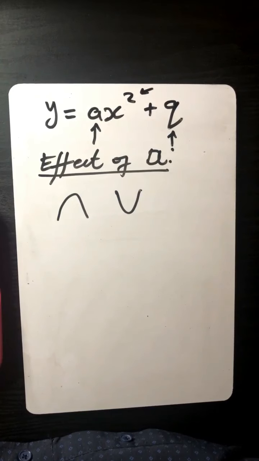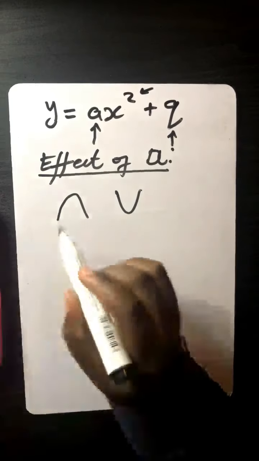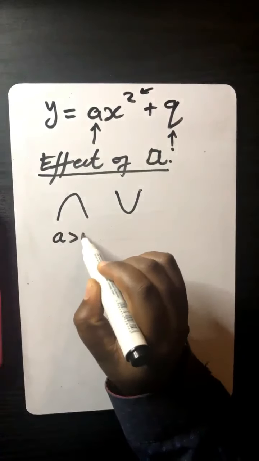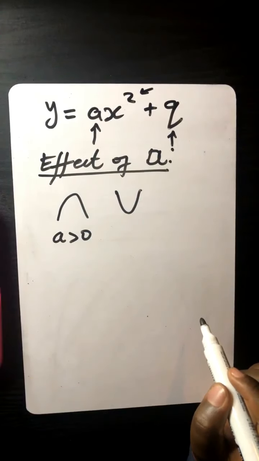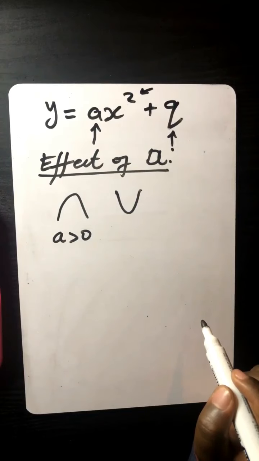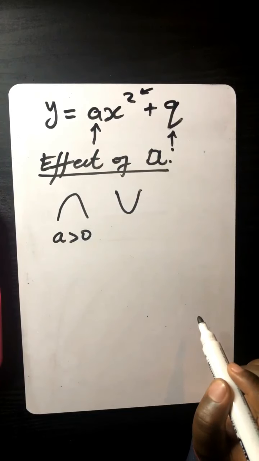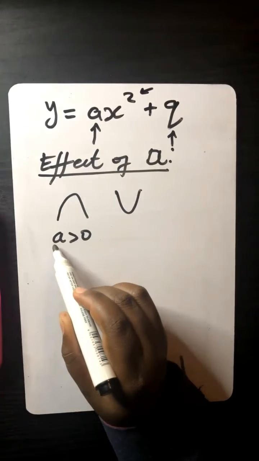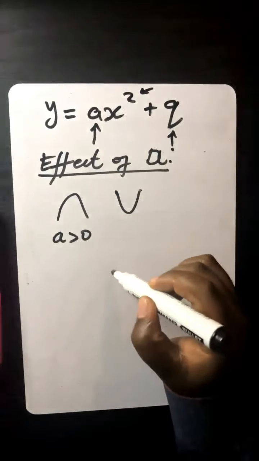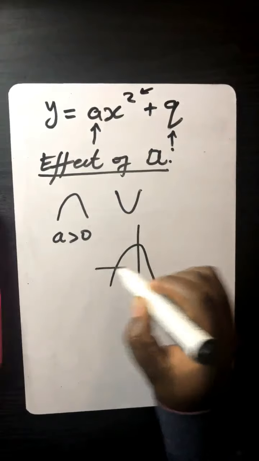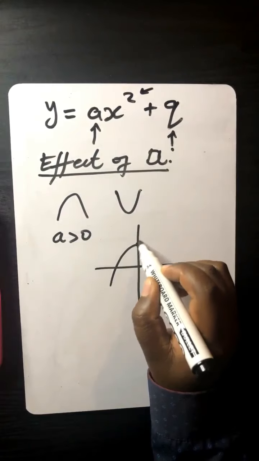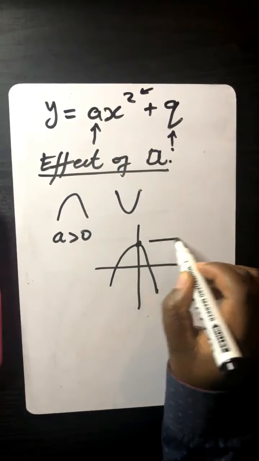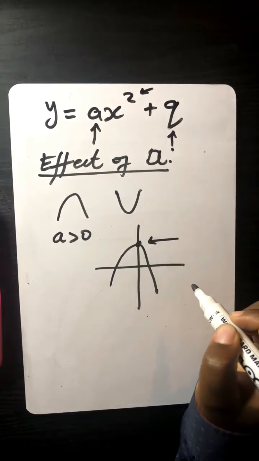100%. The other thing you need to be aware of is that if a is greater than 0, the parabola will have a minimum value. What does it mean? If it's greater than 0, then we have a set shape, and the turning point is what we call a minimum value.